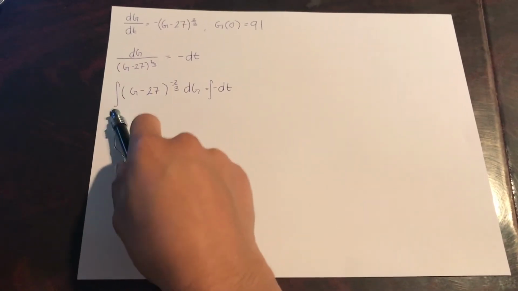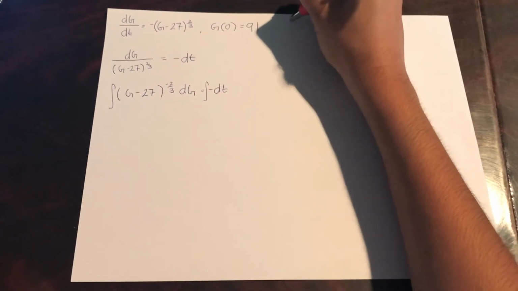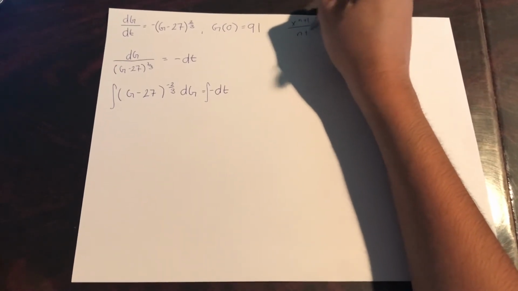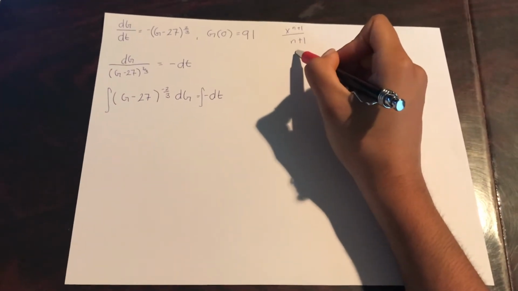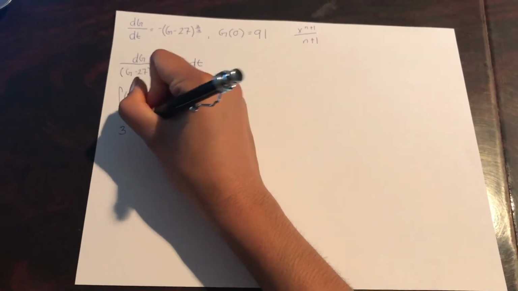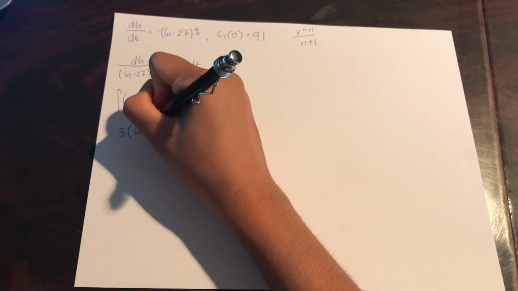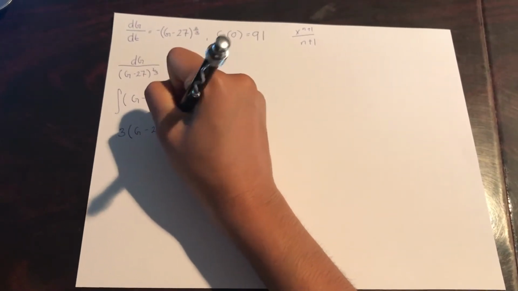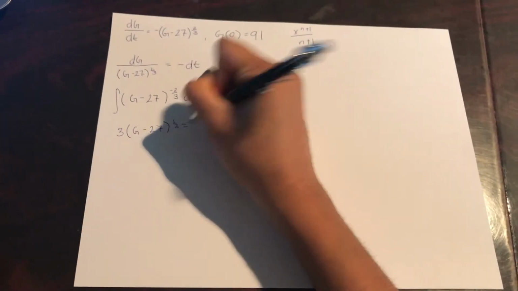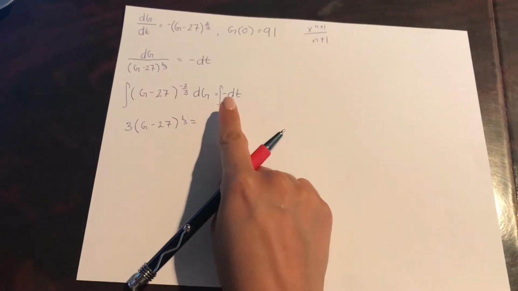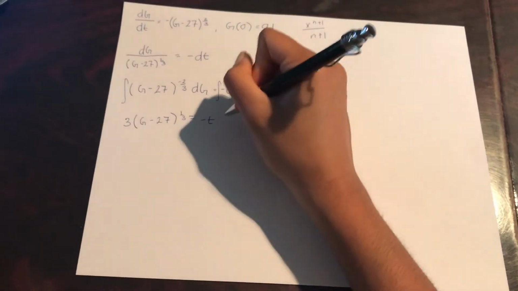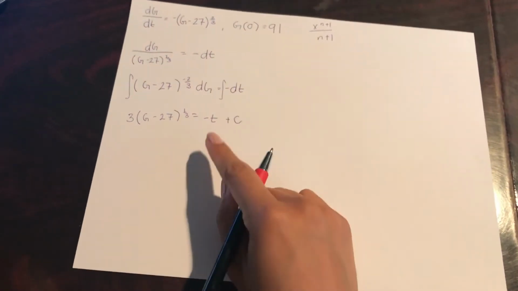And to integrate the left side, we're basically going to use this rule of x to the n plus 1 over n plus 1. That's one of the integration rules. So we're going to get 3 times the quantity of g minus 27 to the 1/3 power. And when we integrate the right side, we get negative t. And we're going to add our plus c to the right side.